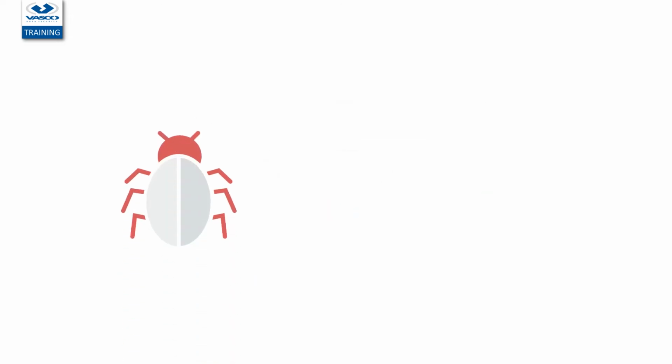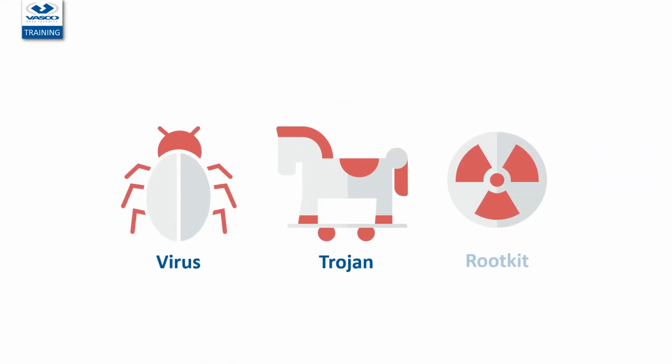Do you know the difference between a virus, a Trojan, or a rootkit? A computer virus is a malware program that, when executed, replicates by inserting copies of itself into other computer programs, data files, or the boot sector of the hard drive. When this replication succeeds, the affected areas are then said to be infected.